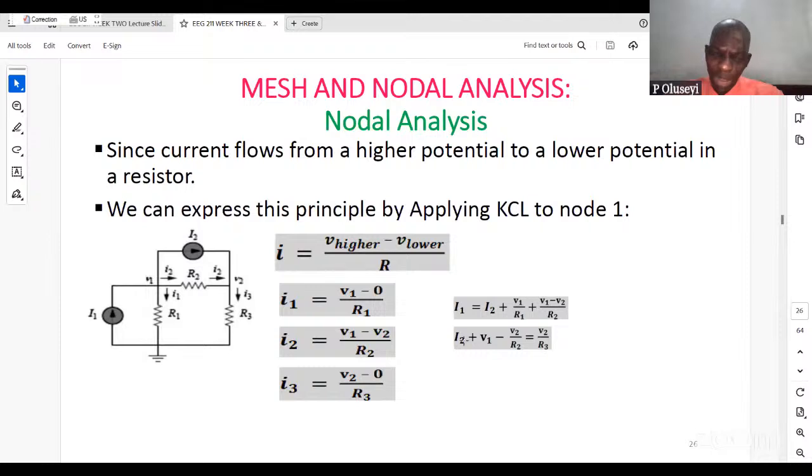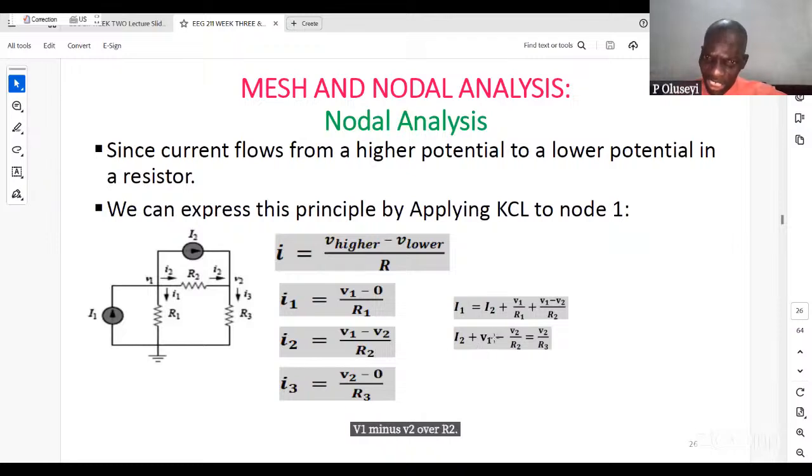And if you look at our equation, uppercase I2 is being depleted, and lowercase i2, remember, is V1 minus V2 over R2.